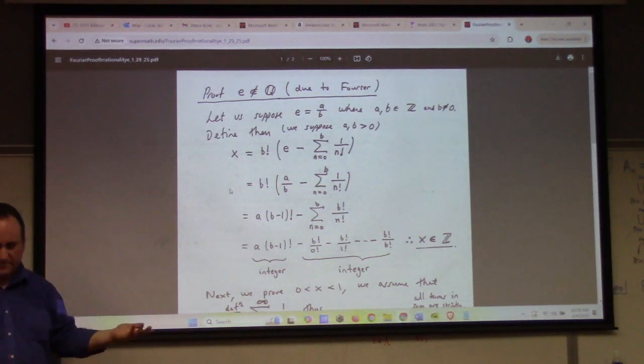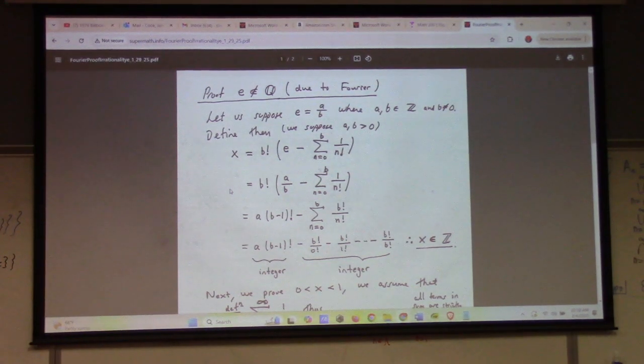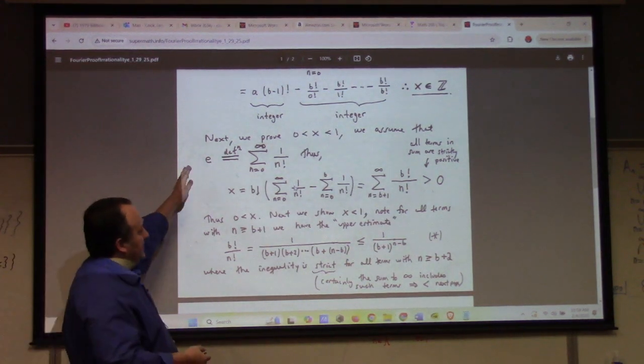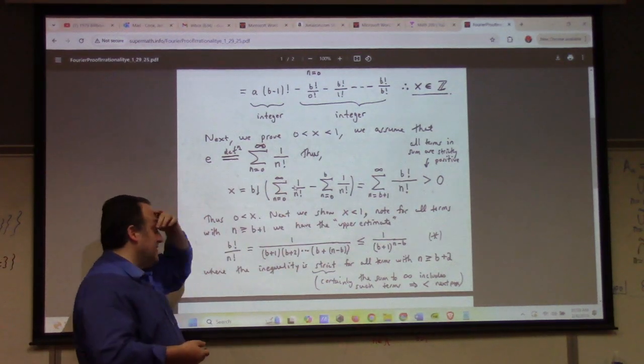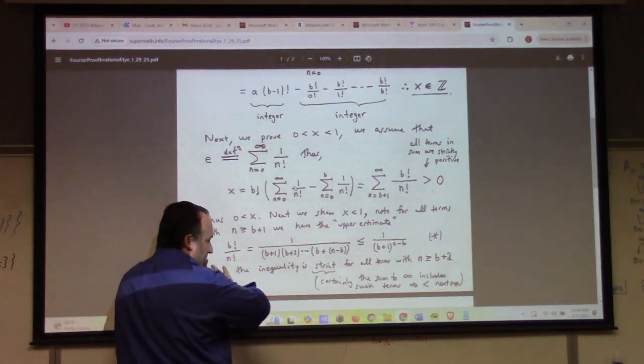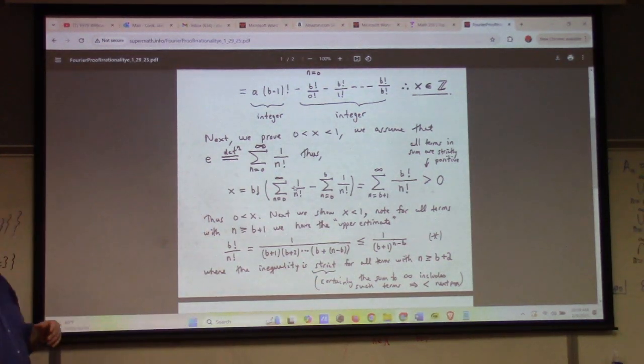Then we give arguments down here that prove that X has to be positive. So this business right here proves that X has to be positive. And then we look at some inequalities, and I have another argument here that proves that X has to be less than 1.